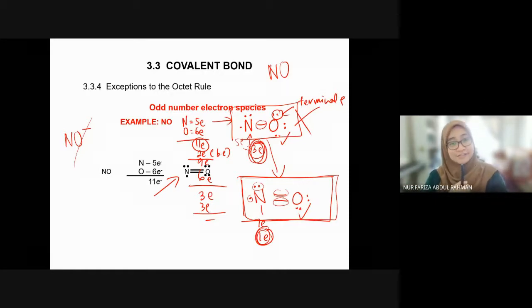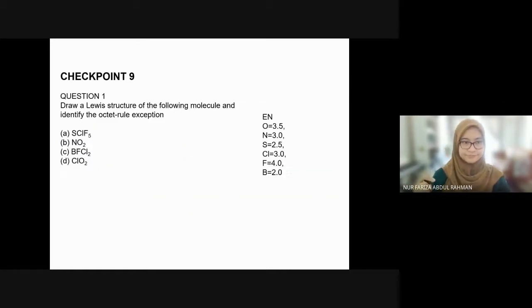Okay, any other question? Okay guys, tak ada question. Let's try to complete this checkpoint. Maybe you can try A dengan D. Boleh try A and D? Try dulu.